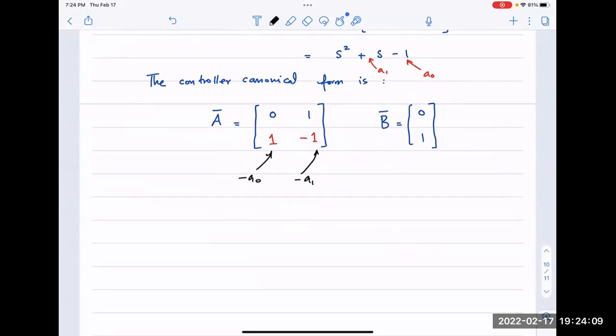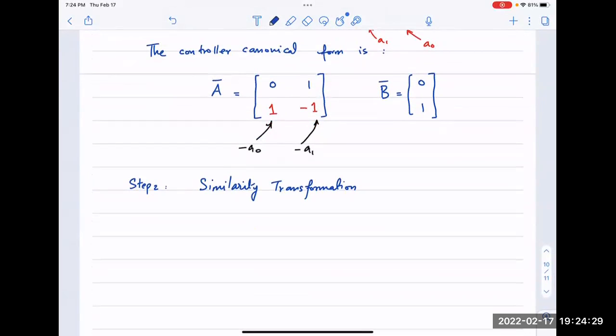Now step 2 will be the similarity transformation. Let's quickly find that out. It starts with the CAB, right? So the T is C A bar B bar times the CAB inverse.